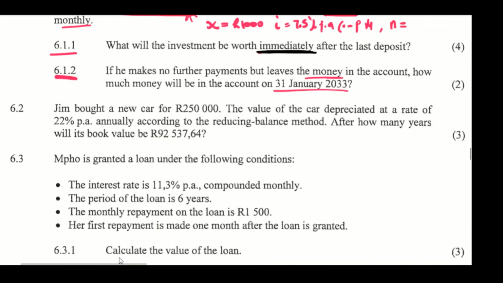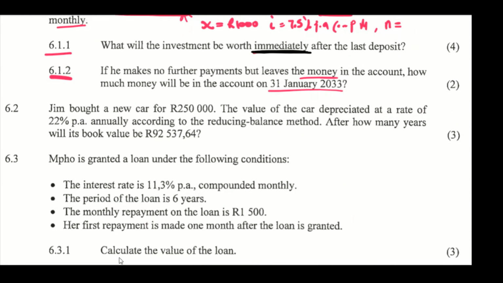So now looking at 6.2. Jimmy bought a new car for 250,000 rand. The value of the car depreciates at the rate of 22% per annum, according to the reducing balance. So whenever we talk of reducing balance, we're talking of a compound formula, right?